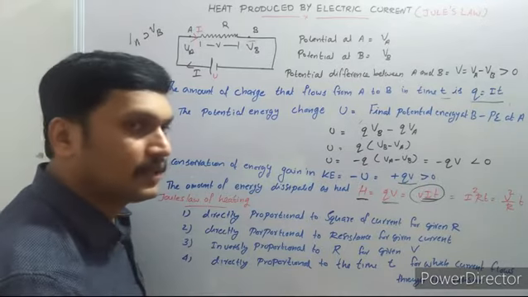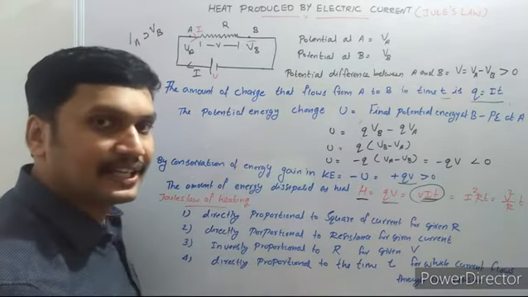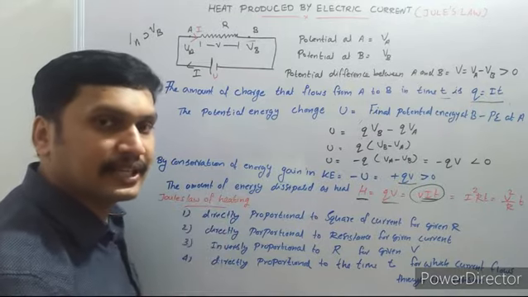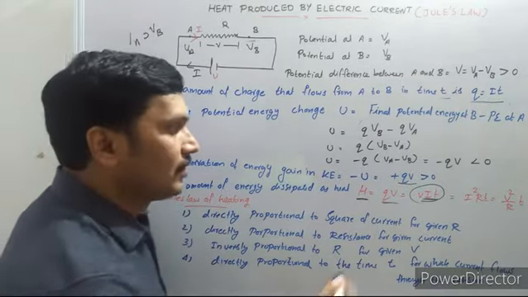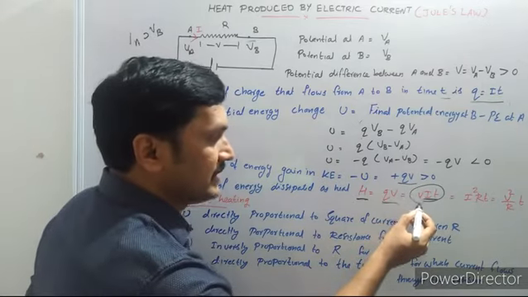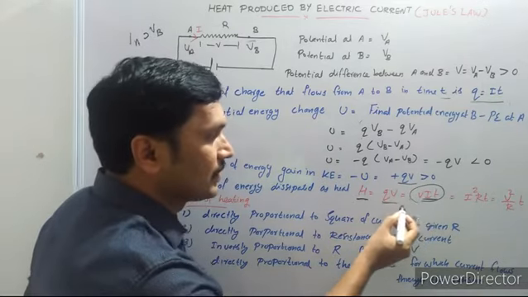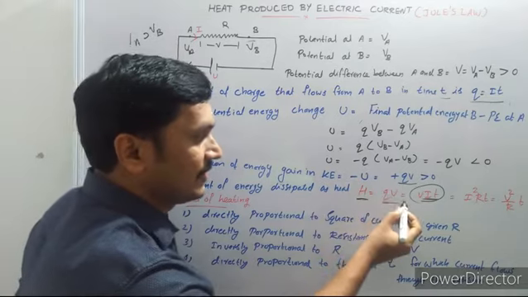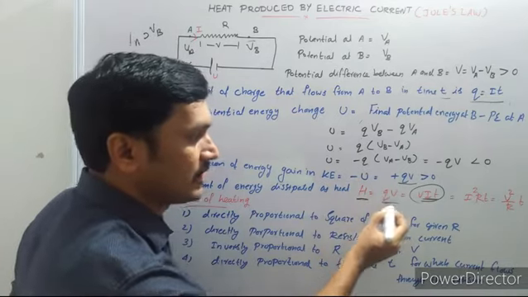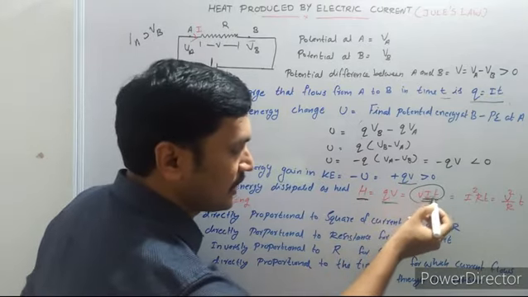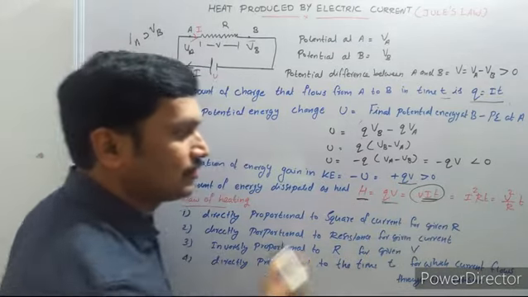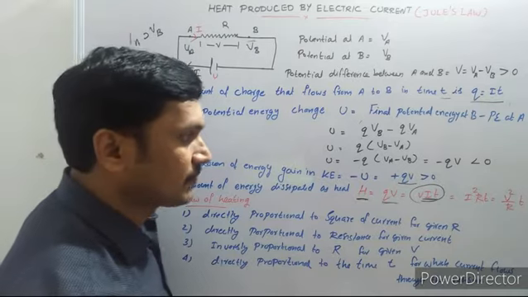The production of heat in a conductor when current is passing through the conductor is known as Joule's heating. So by Joule's law, the heat energy produced in a conductor can be written as charge into potential difference, or if we write the charge as current into time, VI into T.